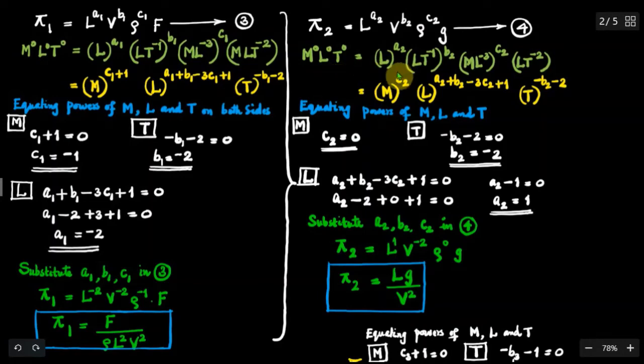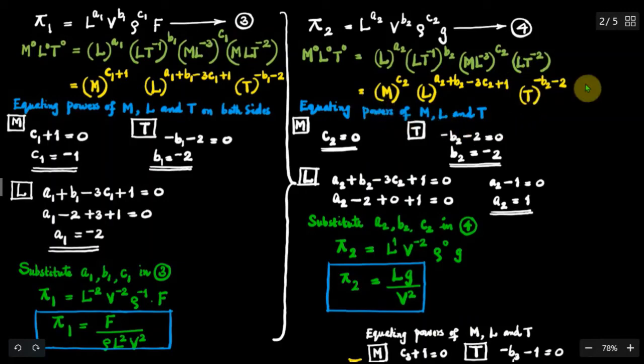On the right hand side, we insert the dimensions of each variable: length, velocity, density, and G. So you will get L raised to A2, LT raised to minus 1 raised to B2, ML raised to minus 3 raised to C2, and LT raised to minus 2, that is the dimension of acceleration due to gravity.